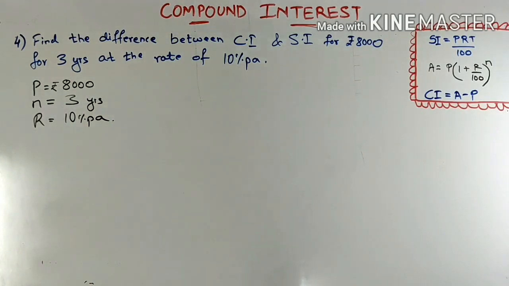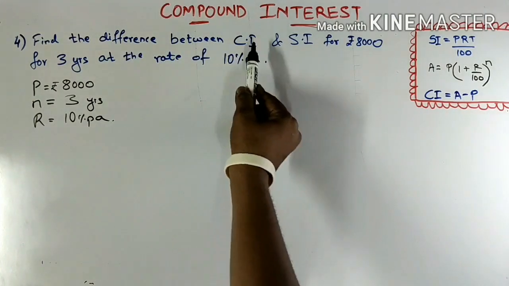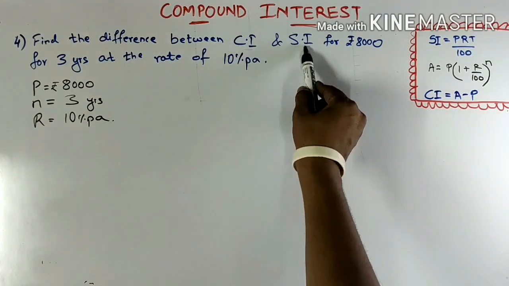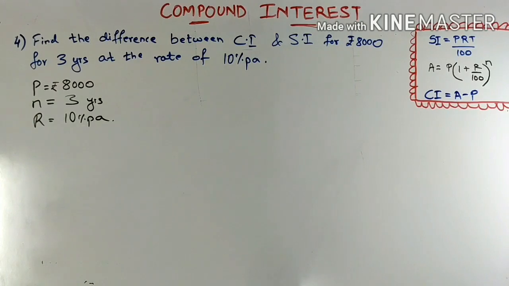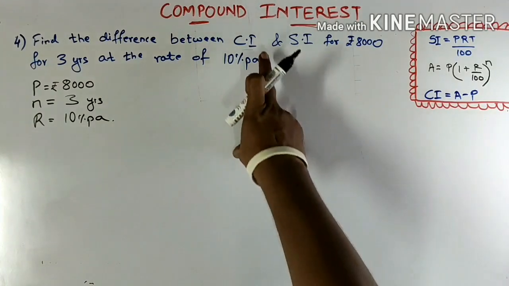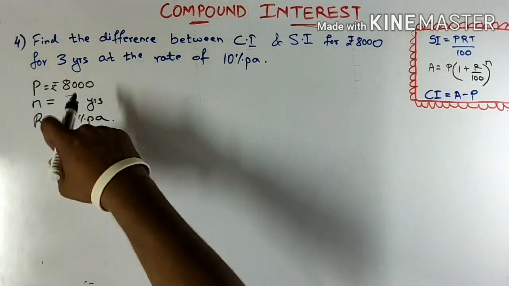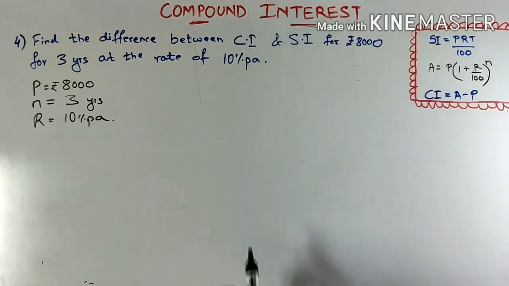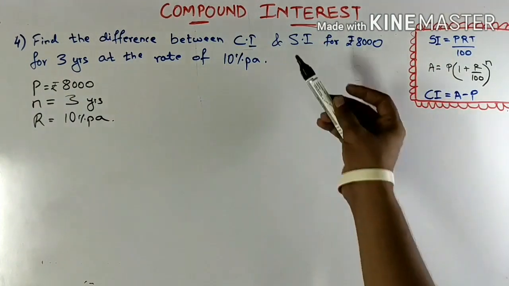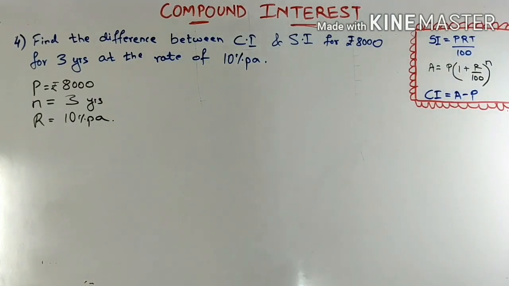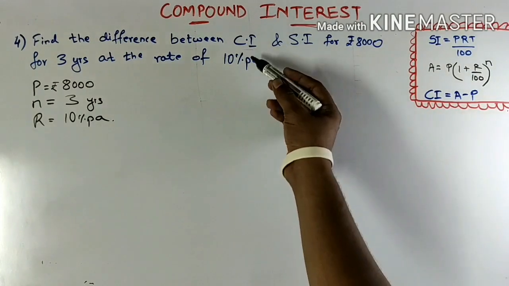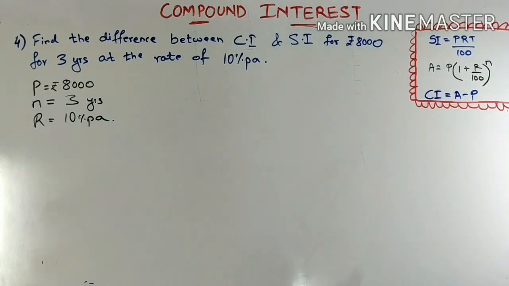Now the question says find the difference between compound interest and simple interest. That means we'll have to first find what is the compound interest on this data, then find what is the simple interest on this data, and subtract simple interest from compound interest, because we know that compound interest yields us more money than simple interest for a fixed particular time.